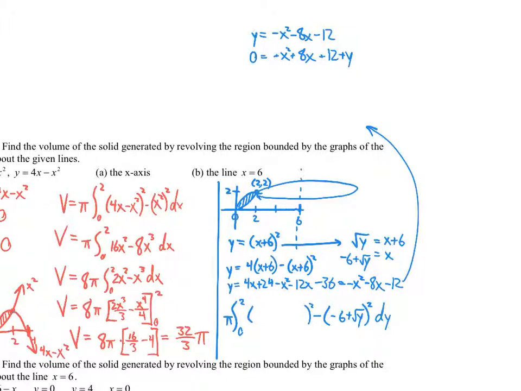Okay? So x is negative b plus or minus the square root of b squared minus 4 times 1 times the 12 plus y, b squared minus 4ac, all over 2a.